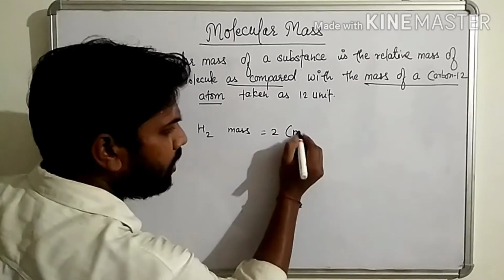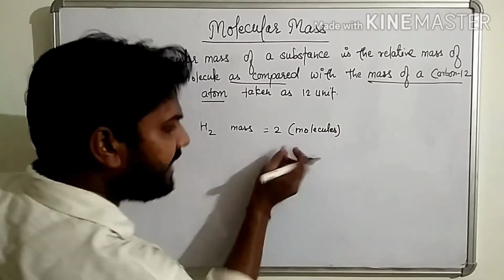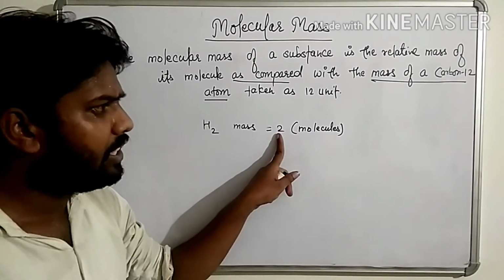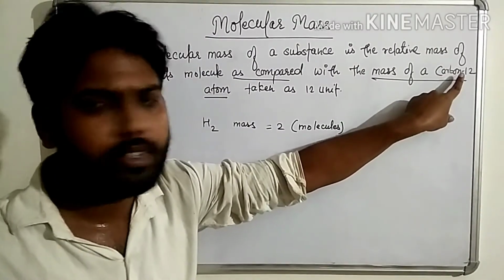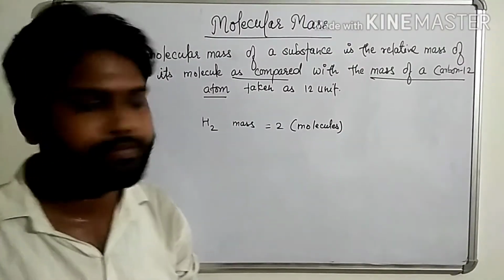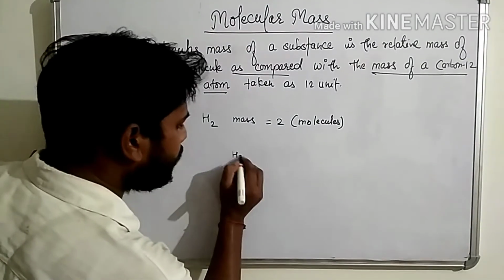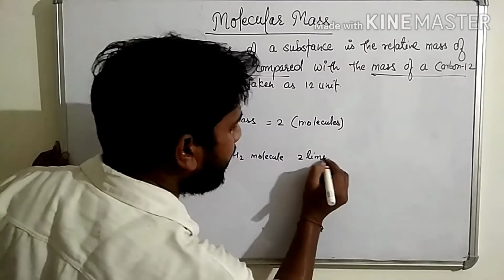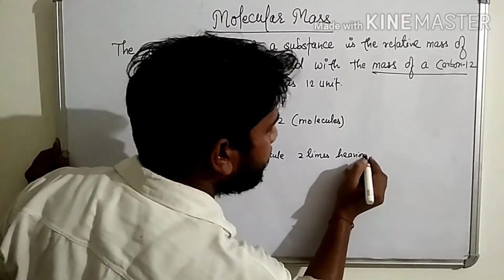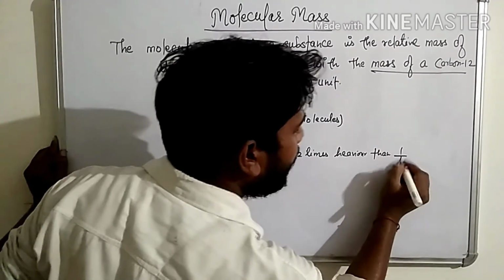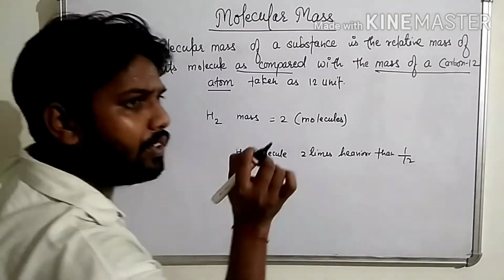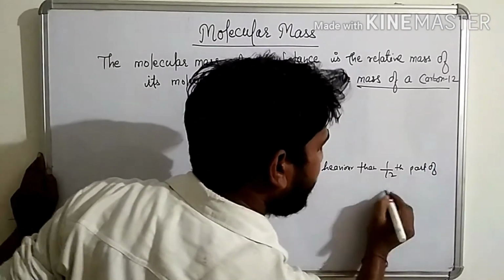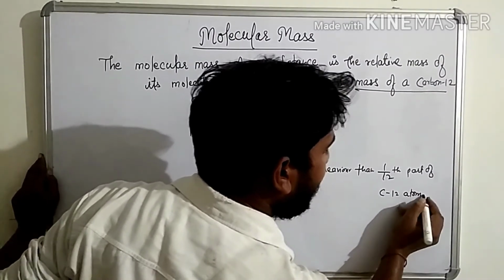This molecular mass indicates that the hydrogen molecule is 2 times heavier than 1 upon 12, the 12th part of a carbon 12 atom.